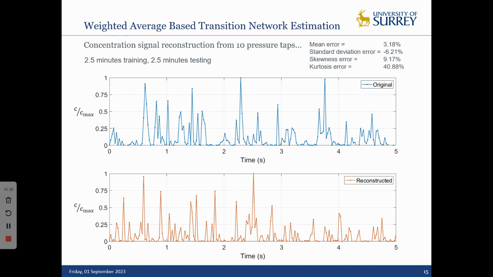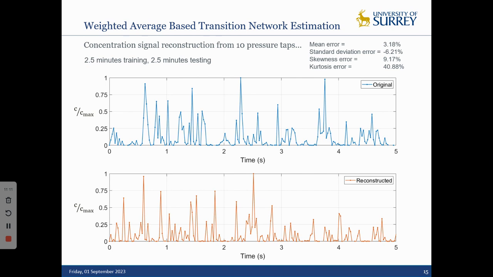I'm not at the point where I'm trying to predict concentration, but just reconstruct that characteristic concentration sample, which is very spiky, so not the easiest thing to reproduce. But this is using just 10 pressure taps with the highest correlation, and the relationship between those 10 pressures and one concentration to produce the bottom graph, which vaguely looks like the top graph, not instantaneously, but heading in the right direction.